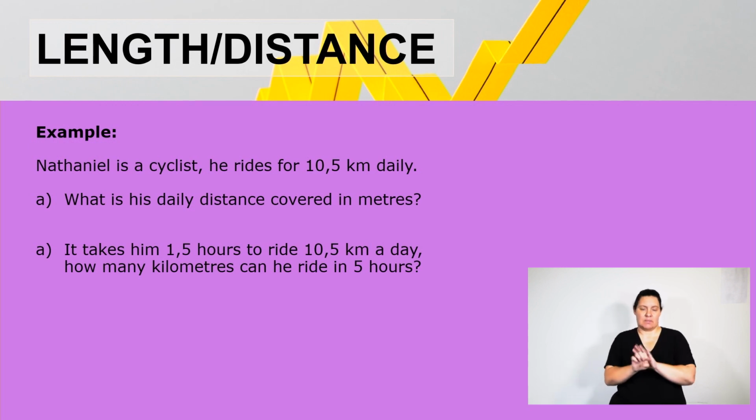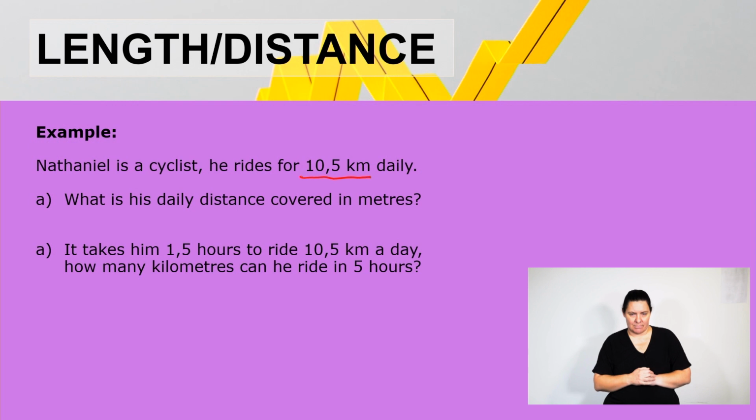Let's carry on. Here is another example. Nathaniel is a cyclist. He rides 10.5 kilometers, and this is daily. What is his daily distance covered in meters? Sorry about that. We say 10.5 kilometer has to be converted to meters.